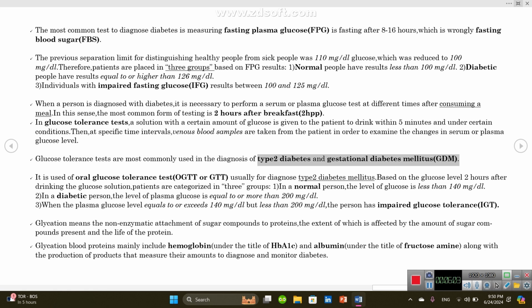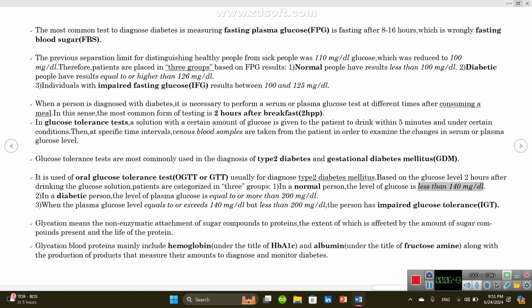The oral glucose tolerance test, OGTT or GTT, is usually used for diagnosing type 2 diabetes, not type 1 diabetes. Based on the glucose level 2 hours after drinking the glucose solution, patients are categorized in three groups. In a normal person, the level of glucose is less than 140 milligram per deciliter.